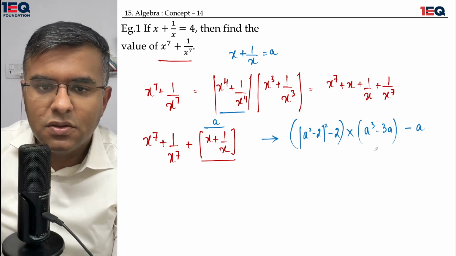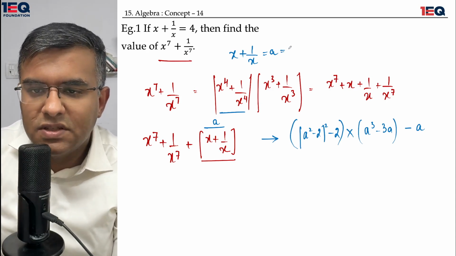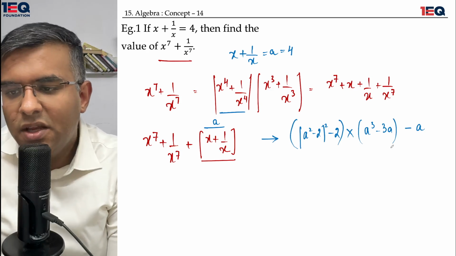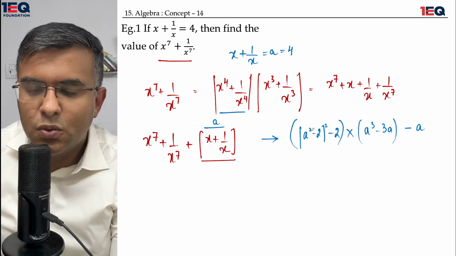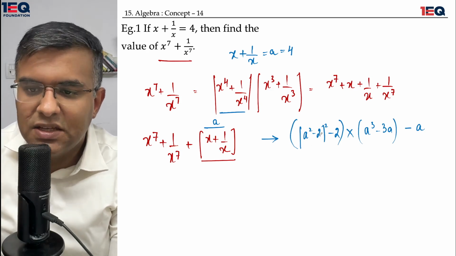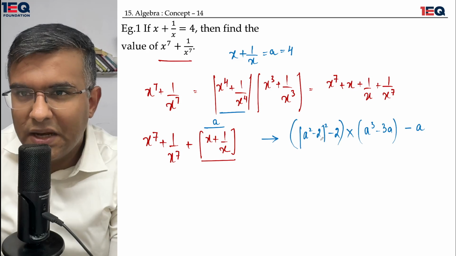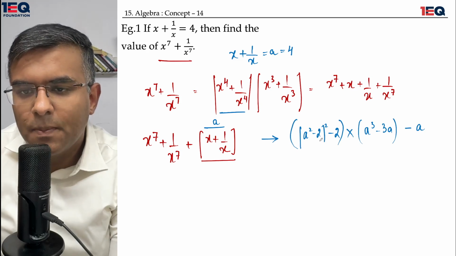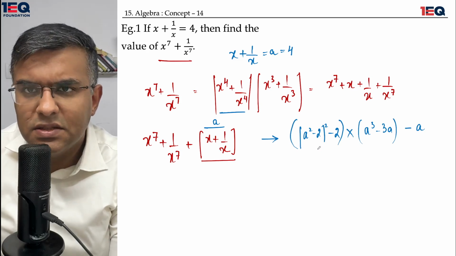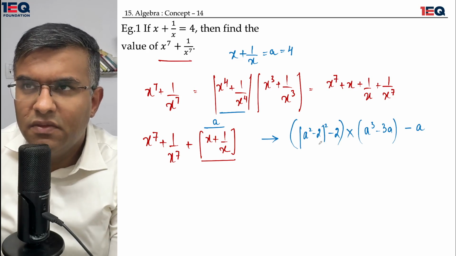Okay, so the value of a, which is equal to 4 right now, I'll quickly put it inside. 4 square is 16, 16 minus 2 is 14, 14 square is 196. Yes, I'm not wrong. 15 square is 225.